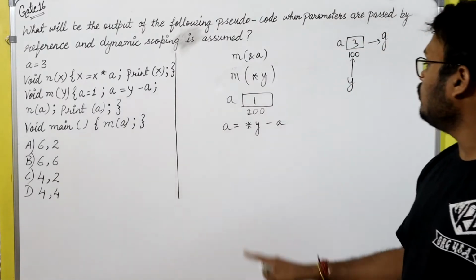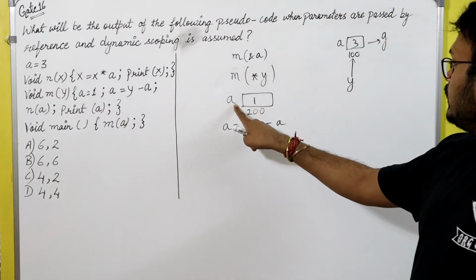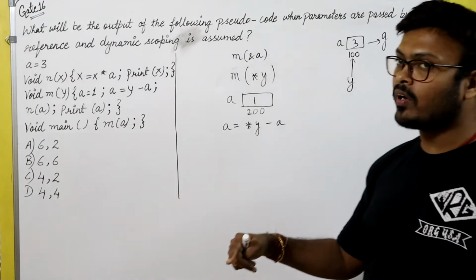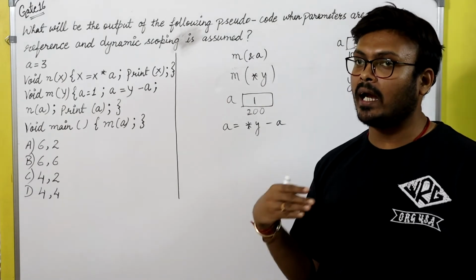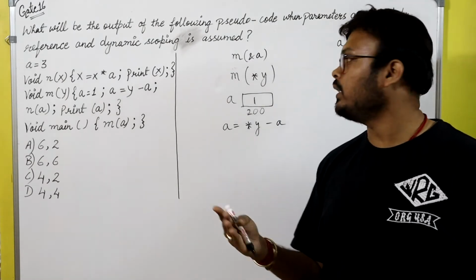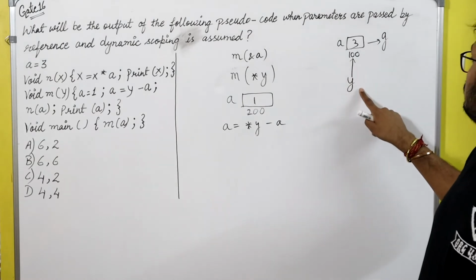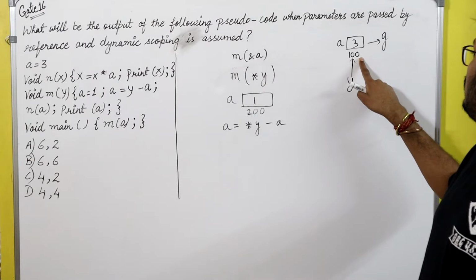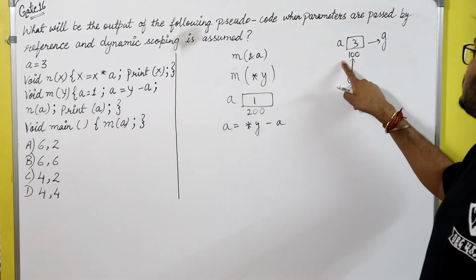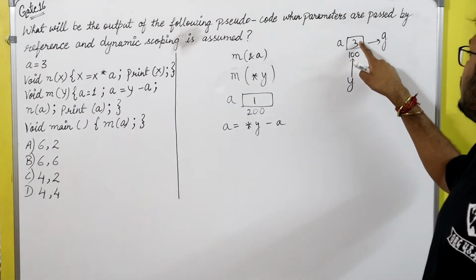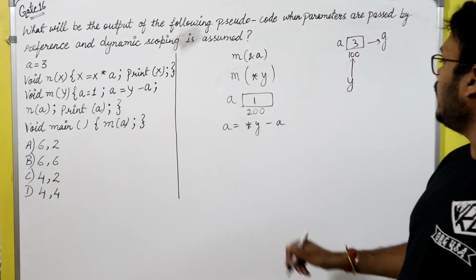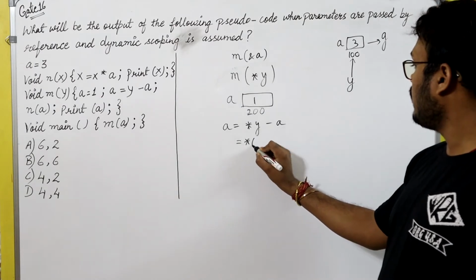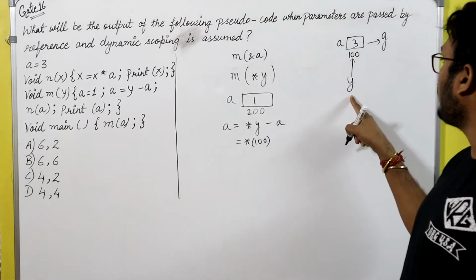So now, this a is equal to star of y minus a. What is star of y? Star of y means the value at the address pointed by y. So what is the value at the address pointed by y? Y points to the address 100. So what is the value at the address 100? 3. So a is equal to star of y, which means star of 100, because the y value is 100.